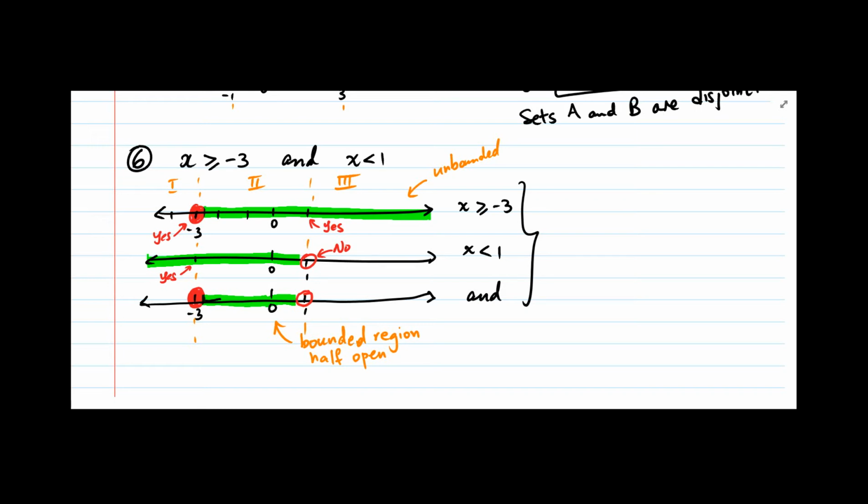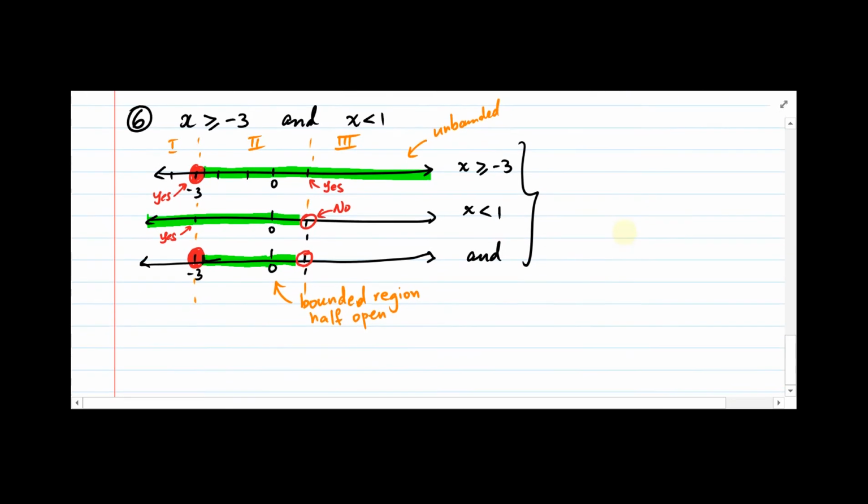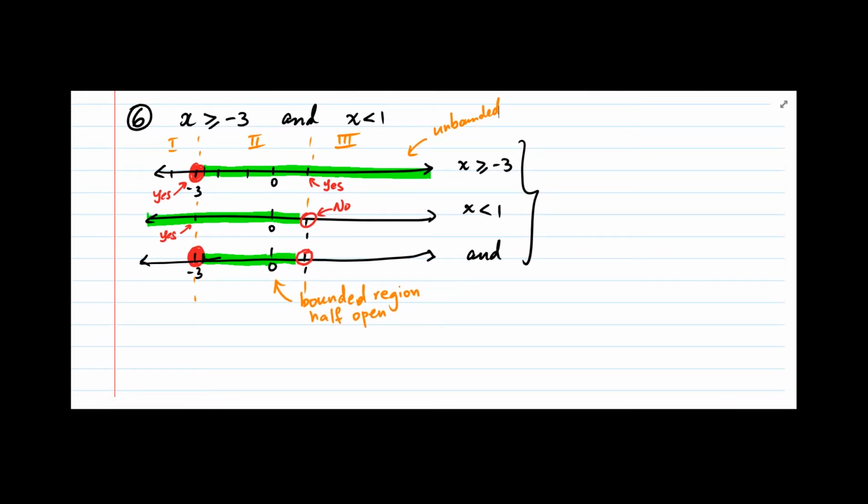All right, now in naming what's going on here, let's even describe this verbally. I could say that I am between -3 and 1, and -3 is included in my solution. So how can I write this?